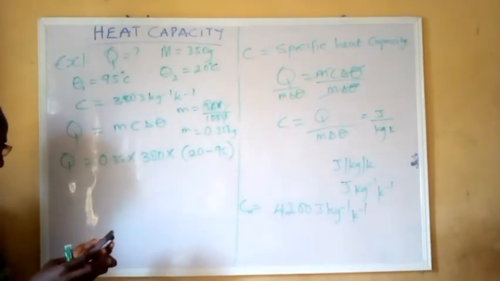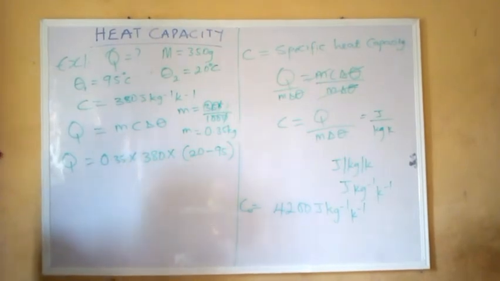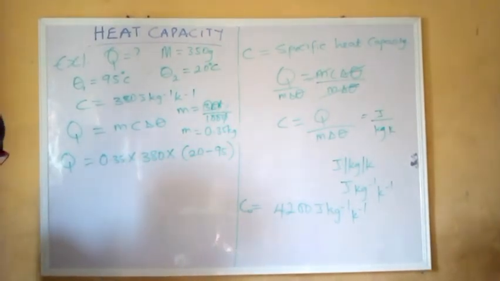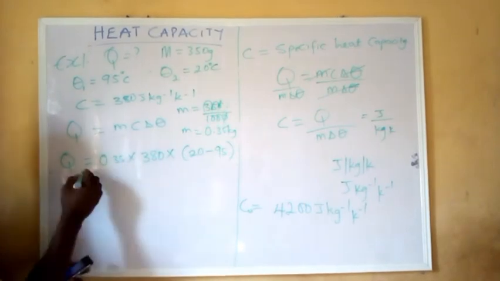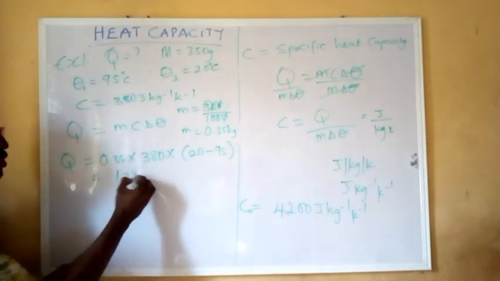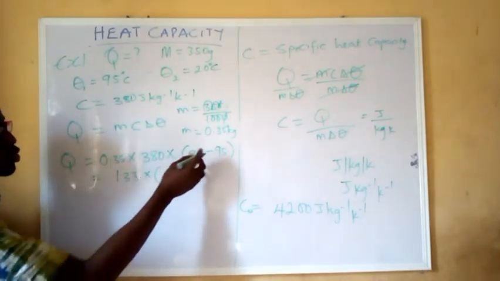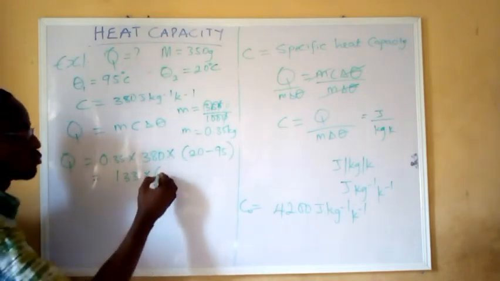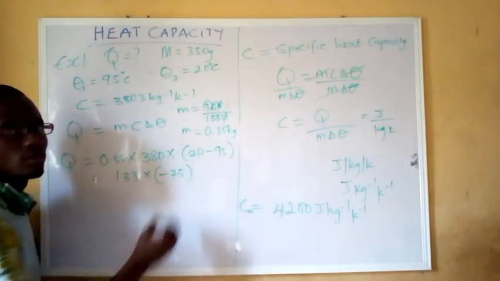So let us calculate that. We have 0.35 times 380, which gives us 133, multiplied by 20 minus 95, that is minus 75.